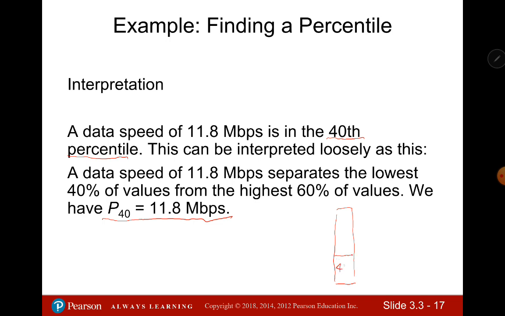So here is 40%, and here is 60%. And this is our P40 equals 11.8. Which means we can use this percentile to separate the data into 2 groups, the lower 40% and the higher 60%.